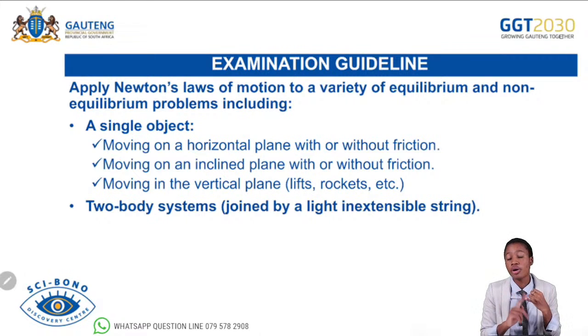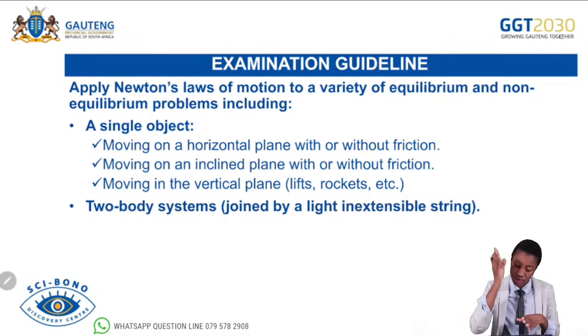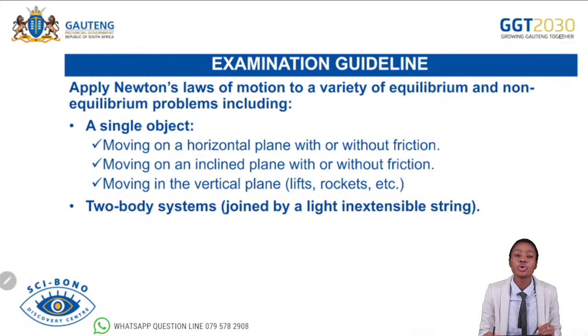So you'll either have a horizontal plane with or without friction, an object that is on an inclined plane with or without friction, and an object that is suspended vertically. Then you can also be confronted by questions or problems that will include two body systems, right?